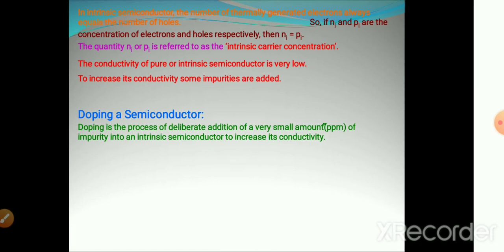Now, to increase the conductivity, we need to add some impurity to the pure semiconductor, and this process is called doping of a semiconductor. The impurity is called a dopant, and it is added in a very small amount, of the order of 1 ppm, or part per million.